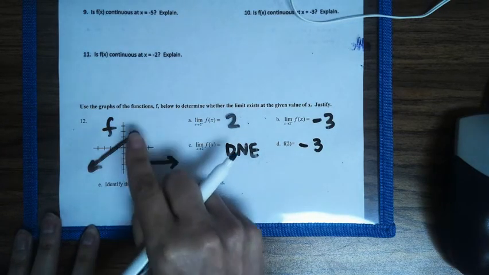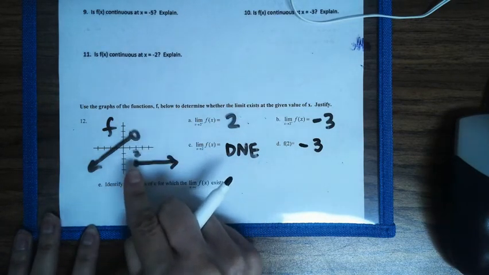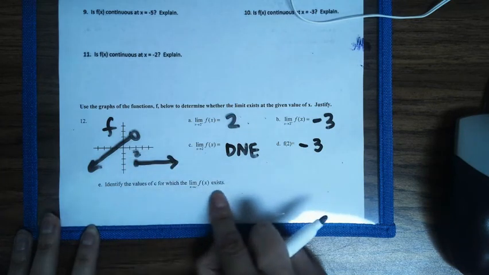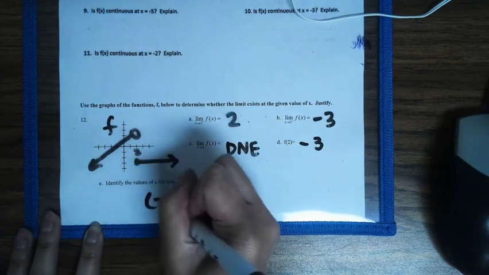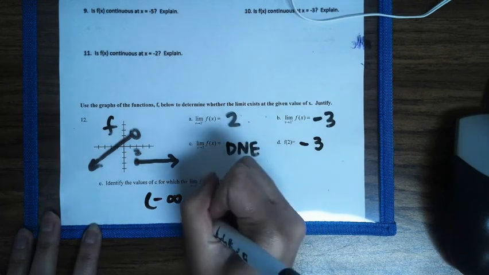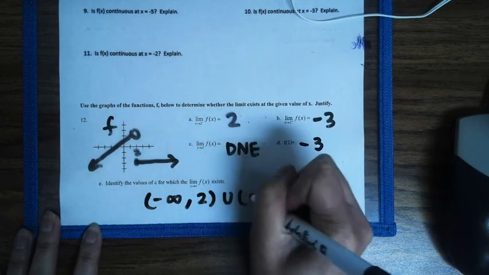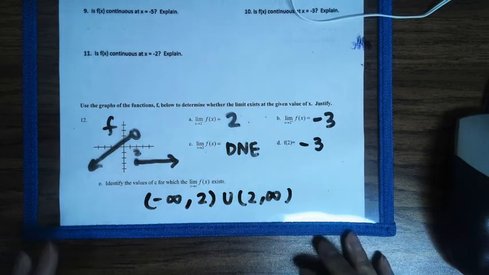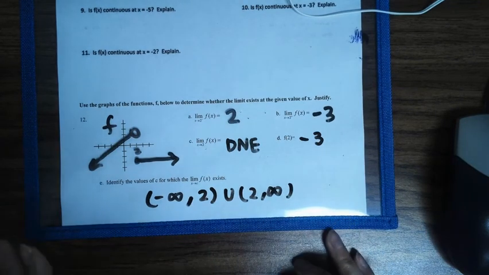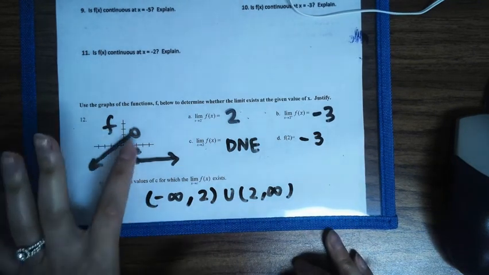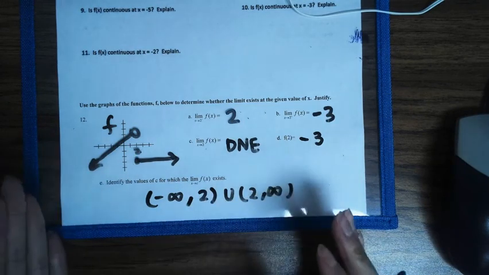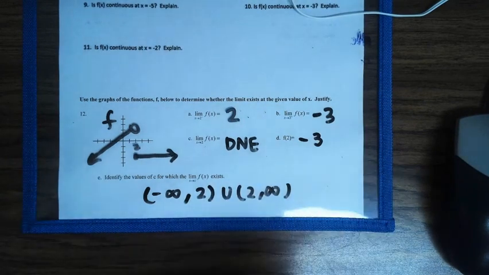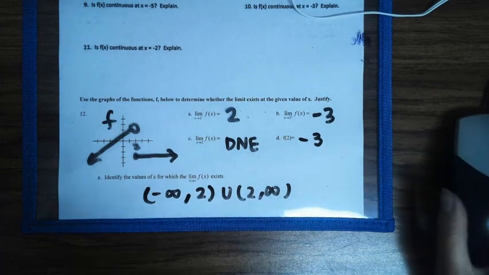The only problematic number that this function has is 2. So the values where the limit exists, I would write like this: negative infinity to 2, union 2 to infinity. All the other values, the limit exists because the function is continuous, but at 2 I have a broken piece, so I cannot fix it, and that's not continuous.